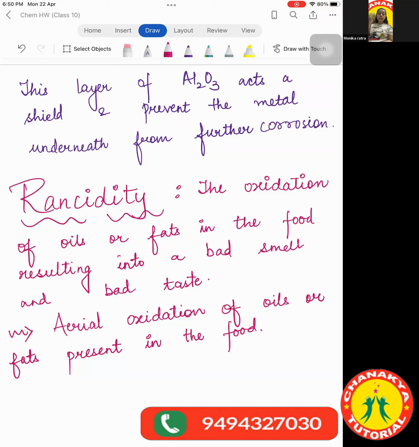These are the oils and ghee which you use in the food. That oil prevents oxygen from entering, and there the oxygen and moisture both have to be stopped. Here we are talking about only the oxidation process. Okay. Thank you.